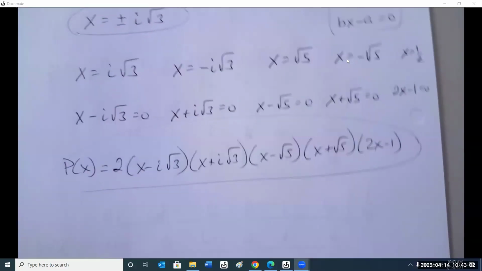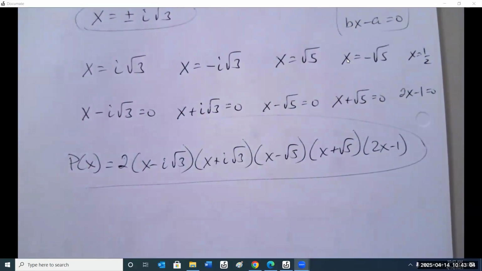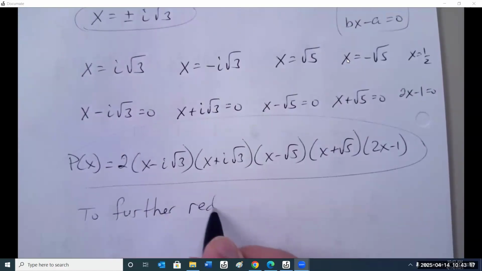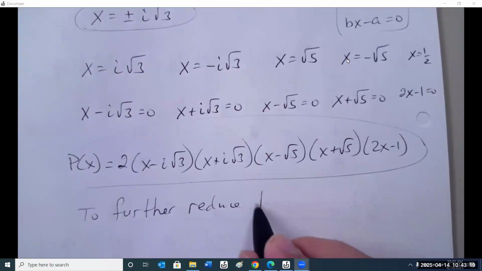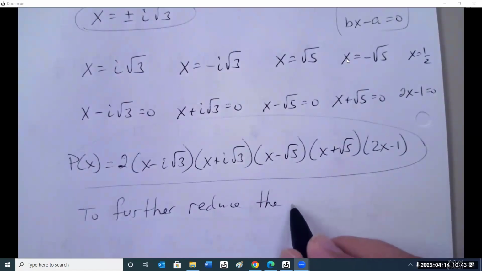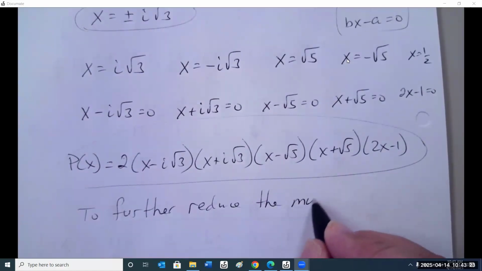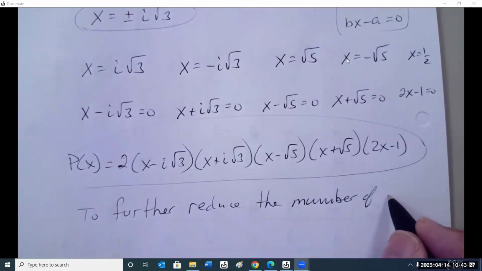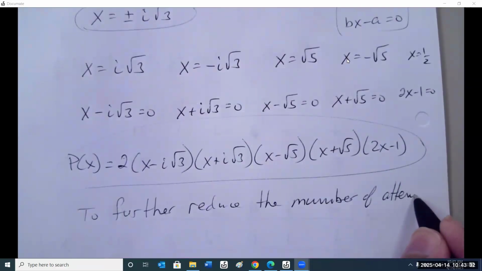Now there's a way we can go even further and reduce the number of possibilities that we have to try. Further reduce the number of attempts.